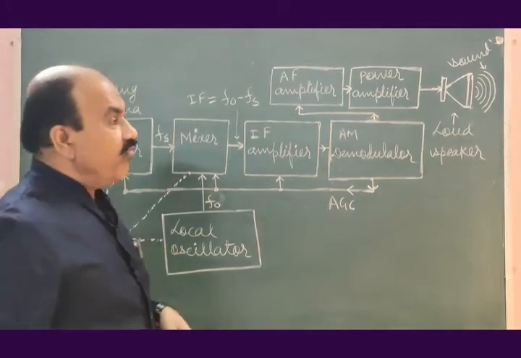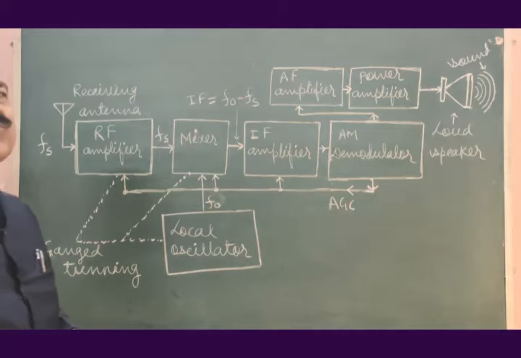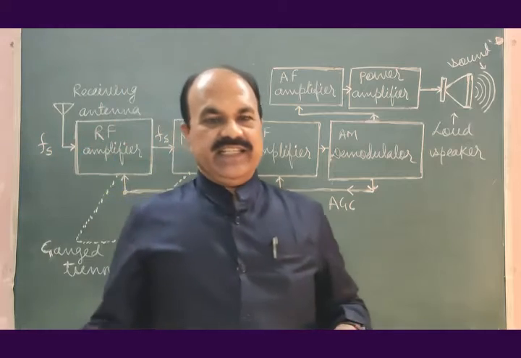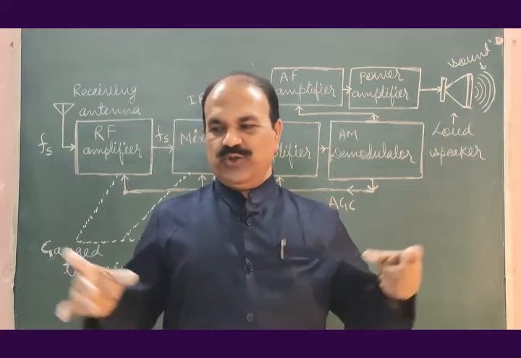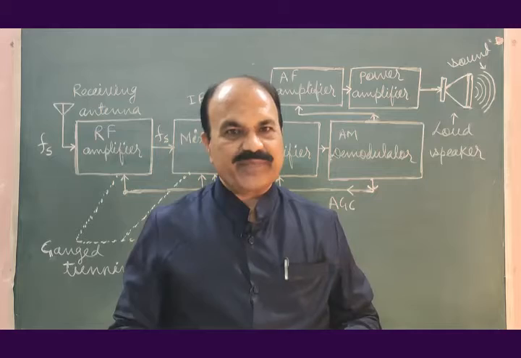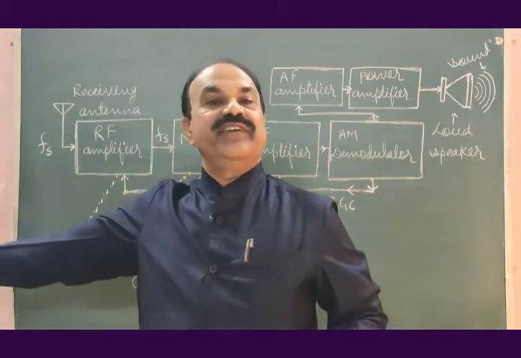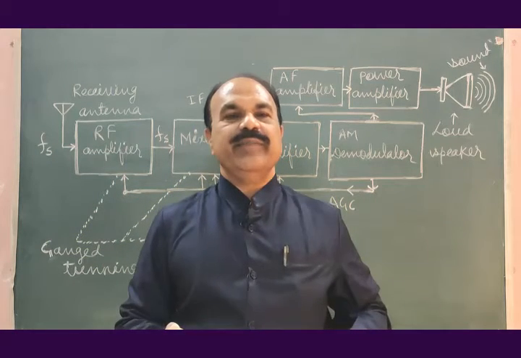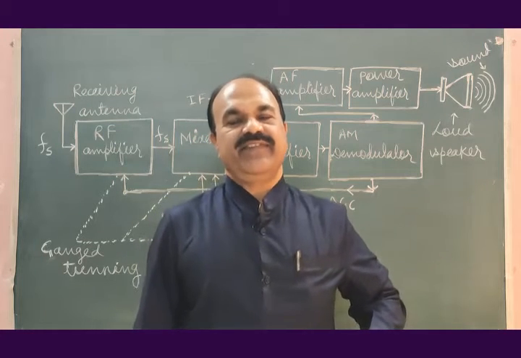Now, why is this radio receiver known as superhet or super heterodyne radio receiver? This is because it uses a mixer circuit. Two different frequencies are given as two inputs to the mixer, and a frequency completely different from the radio frequency is provided by the mixer, which is known as intermediate frequency.